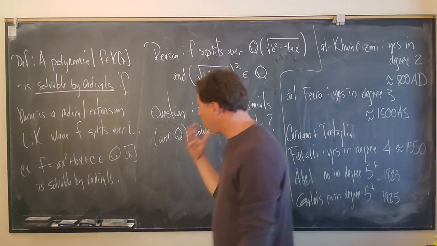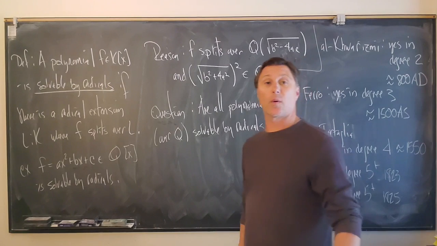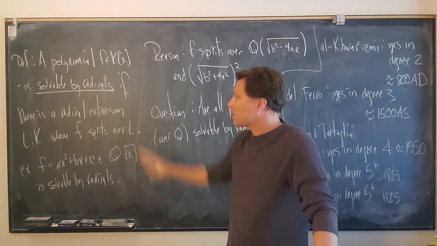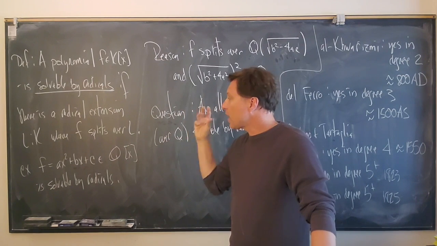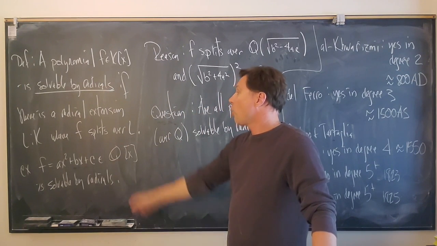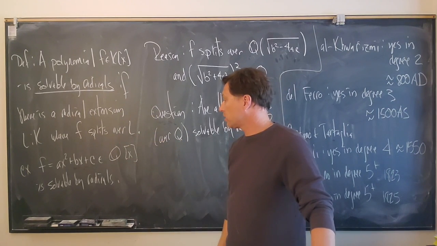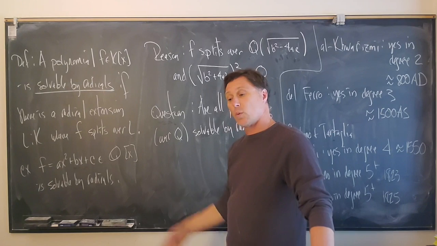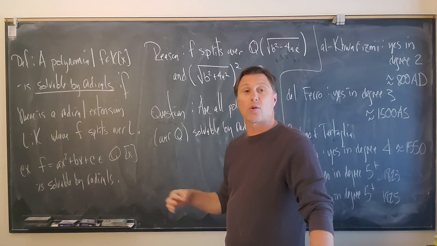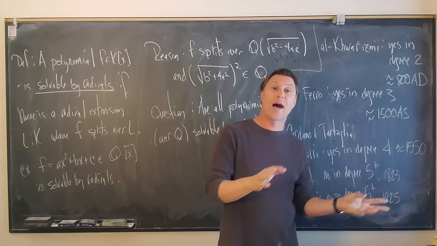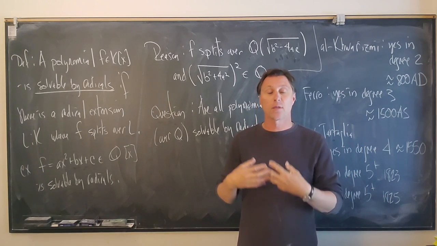Okay, so our goal now is to show exactly what I just said. There are polynomials out there that are not solvable by radicals, which means there's no radical extension for which the polynomial splits. And so what that tells us is that in general, there is no formula that will handle all possible degree 5 and higher polynomials and tell us who the roots are.